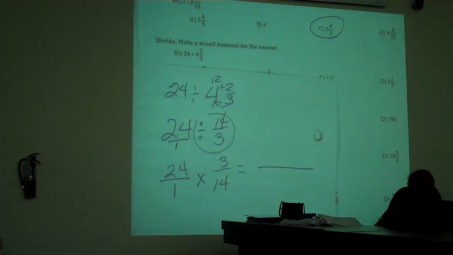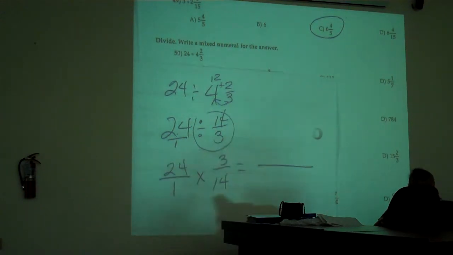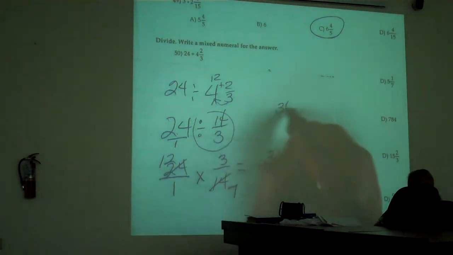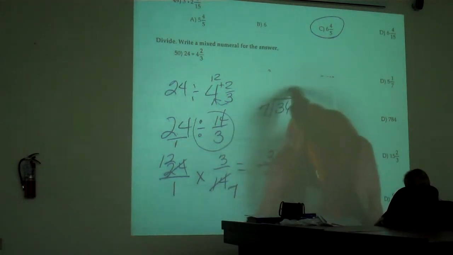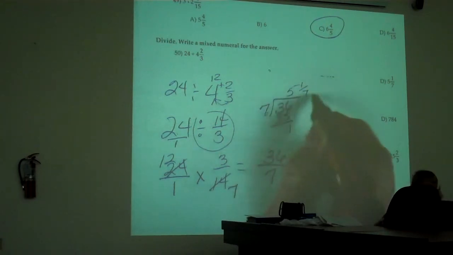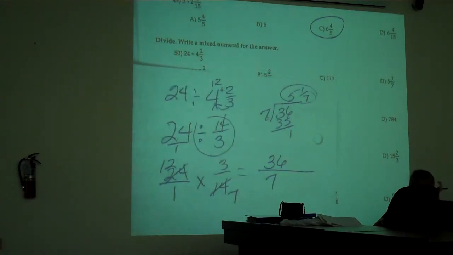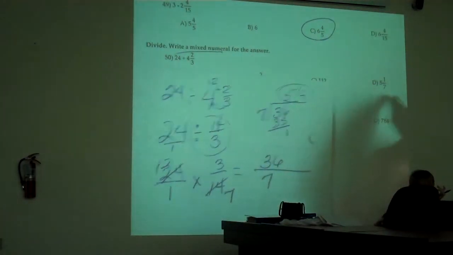Do we want to do some dividing first? Yeah, by 2 and by 7. That'll be 12 times 3, which is 36 over 7, which is 5 and 1/7. The directions say write it as a mixed number, so that's what we did.